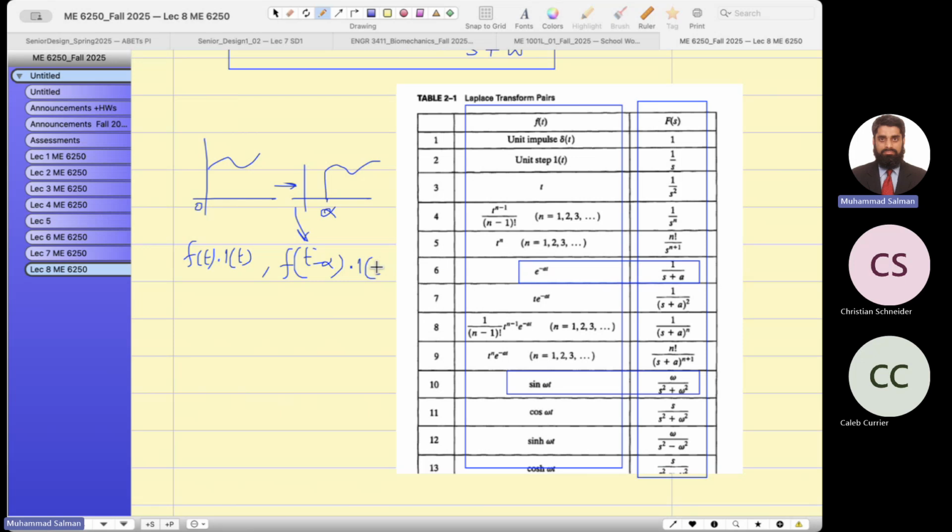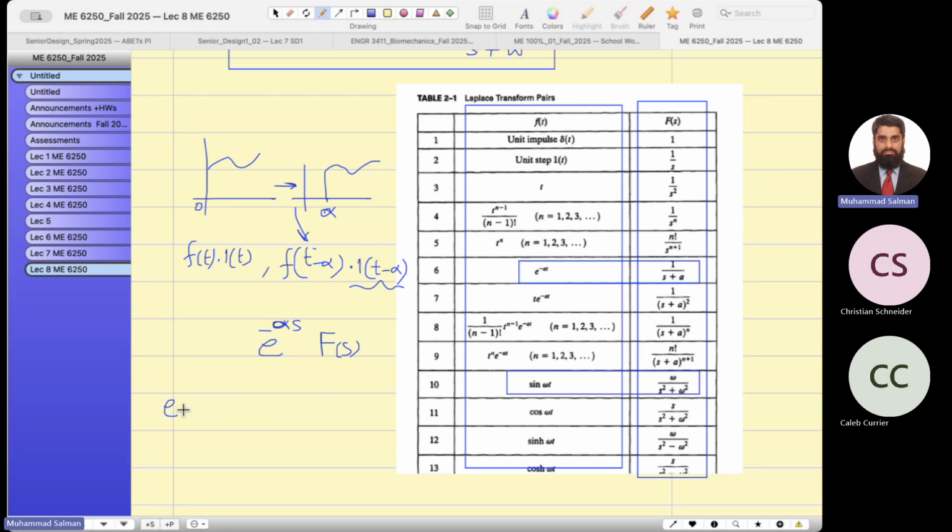You can represent this as t minus alpha. This tells me that it is delayed by alpha time. So how are you going to represent this in the Laplace transform? The Laplace transform will consider this alpha delay as e to the negative alpha s times f of s.